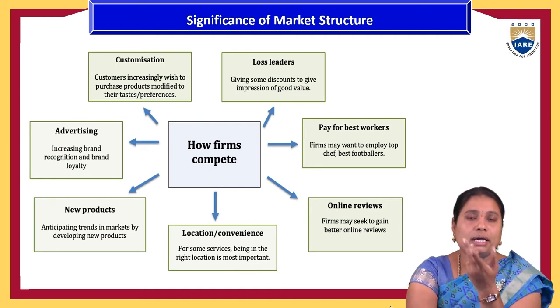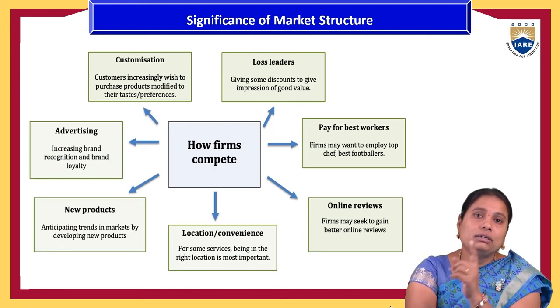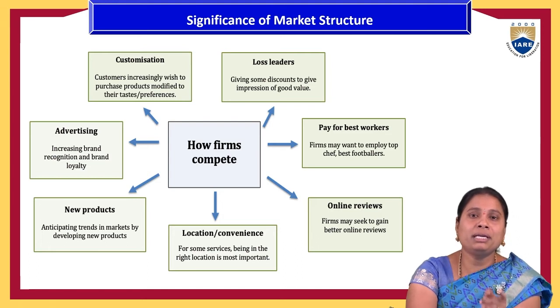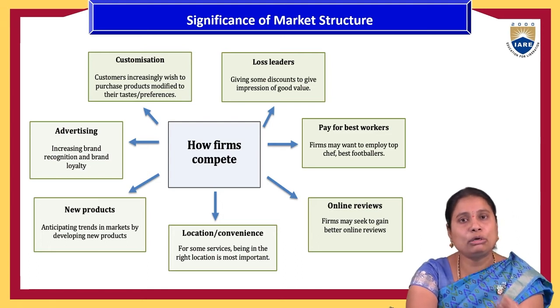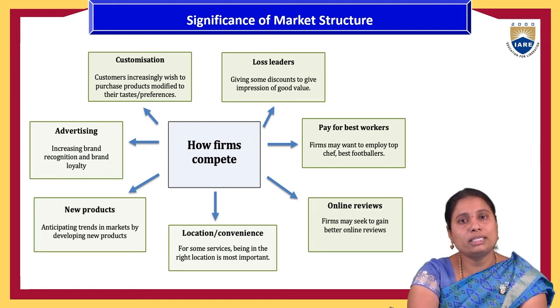If the seller has that knowledge, then as per the requirements of the customer, he can produce the product and make it available in the market. It is easy to provide customized products with the help of this market structure knowledge.